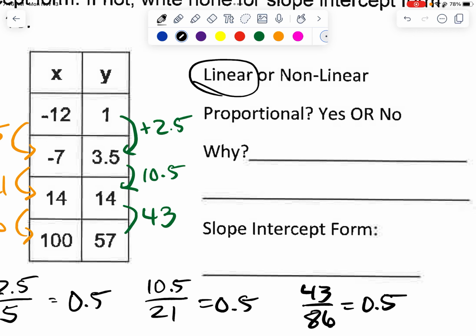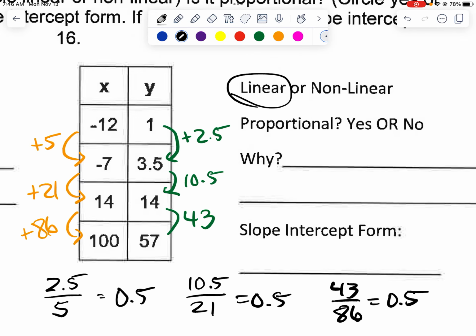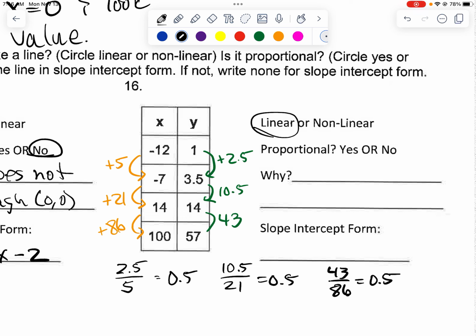So let's see. To find out if it's proportional. So if this is 1, this is over 2.